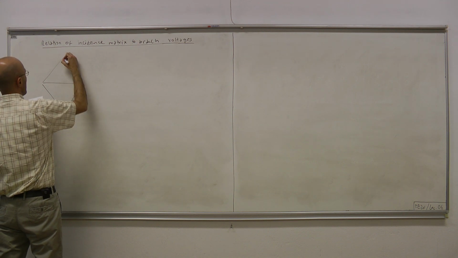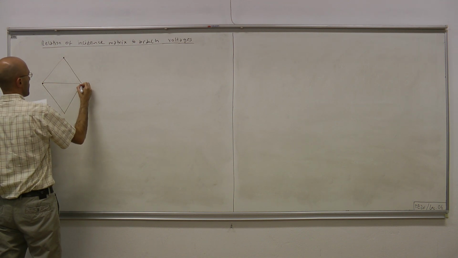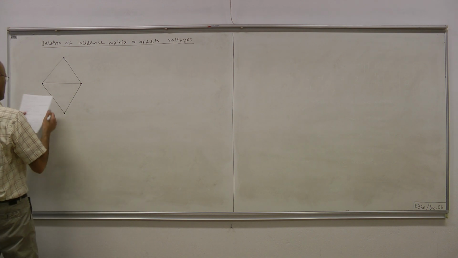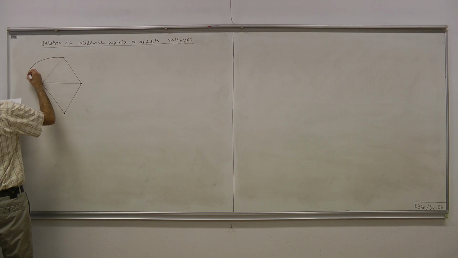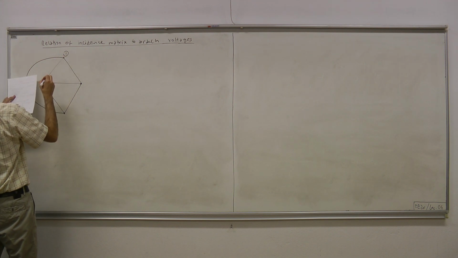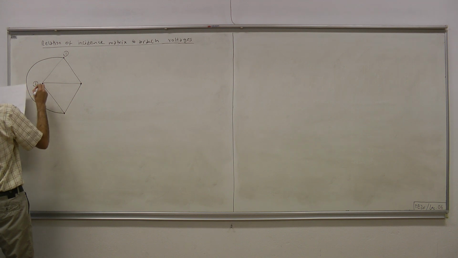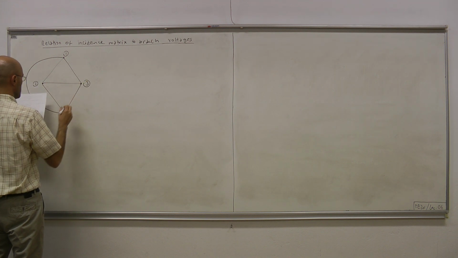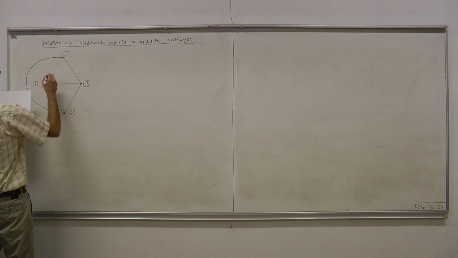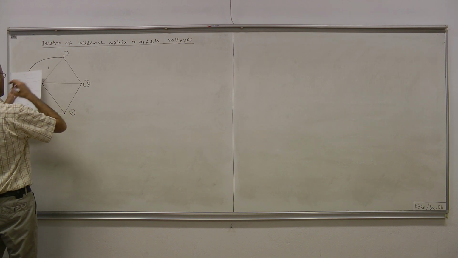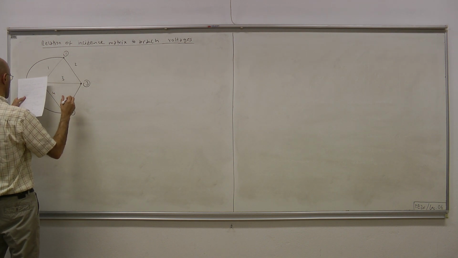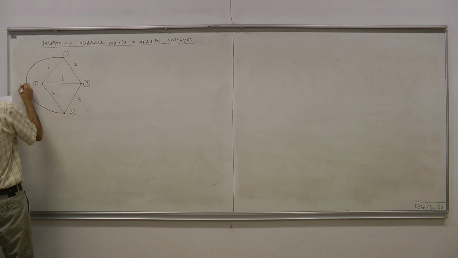This was our toy example with 4 nodes and 6 branches. And this is how we label the nodes and branches: node 1, 2, 3, node 4, and branches 1, 2, 3, 4, 5, and 6.